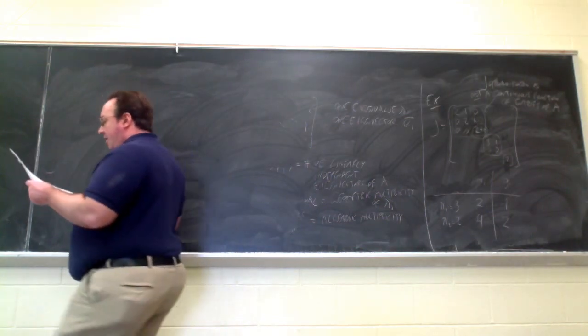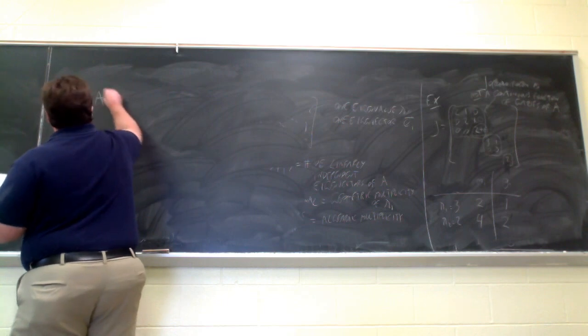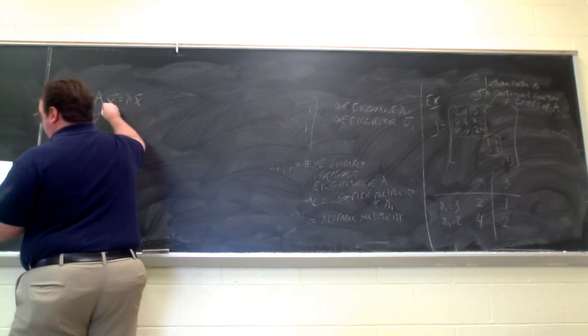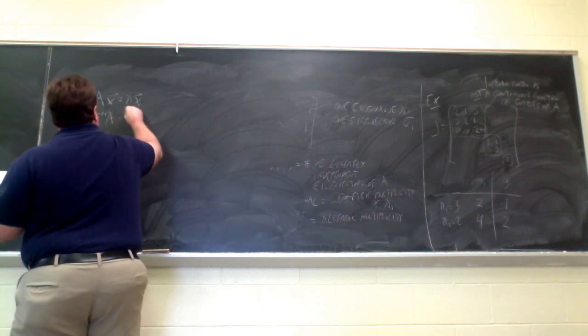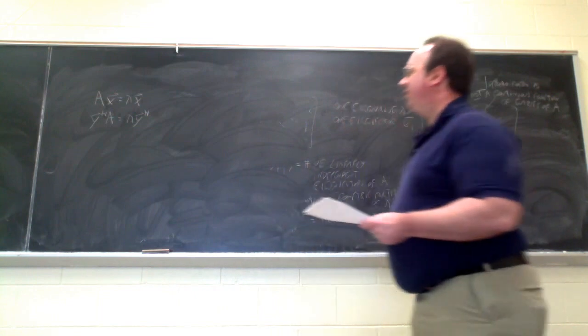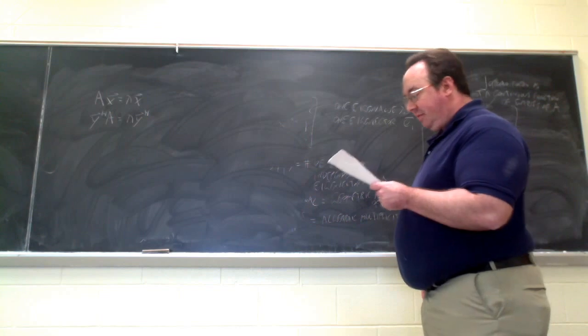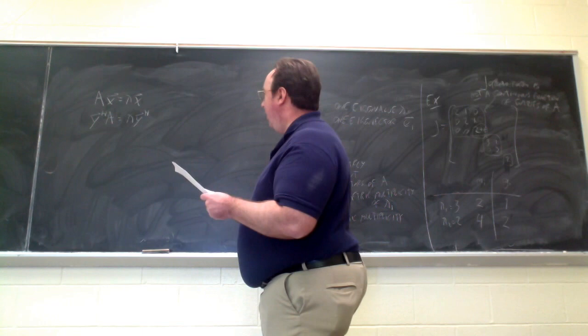Okay. So let's suppose that Ax is equal to lambda x, and we also have a left eigenvector for the same eigenvalue. So lambda has a right eigenvector x and a left eigenvector y. Okay. And this is something that is true in general.